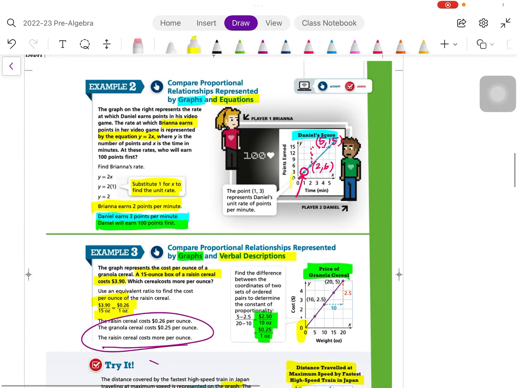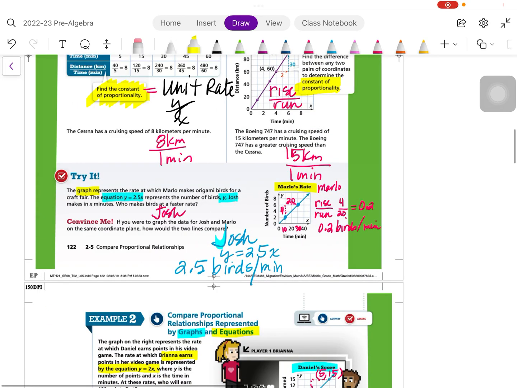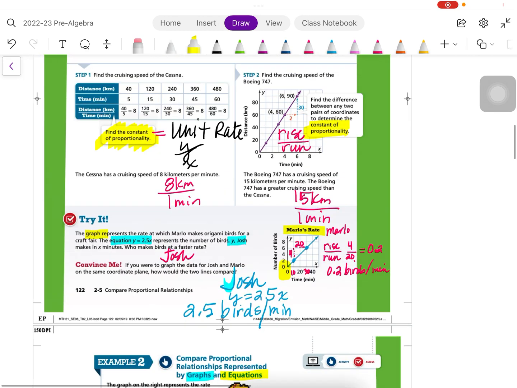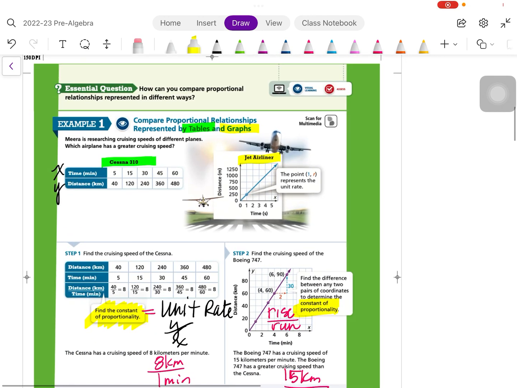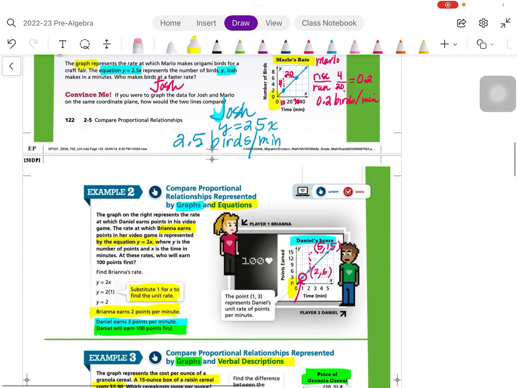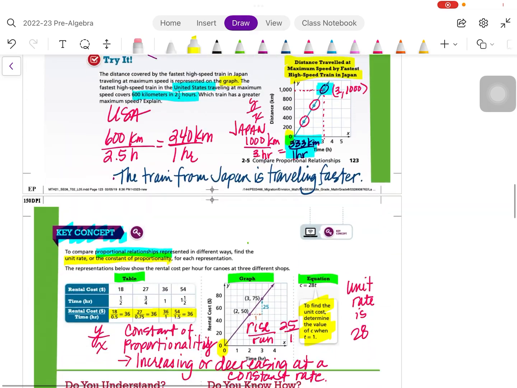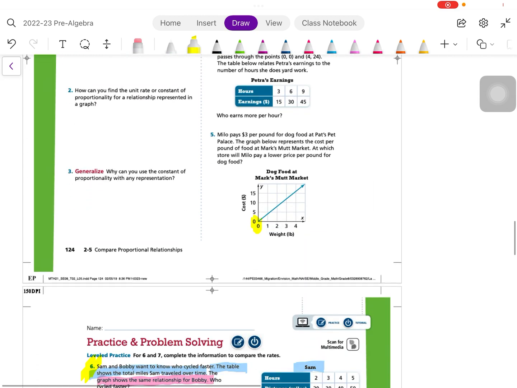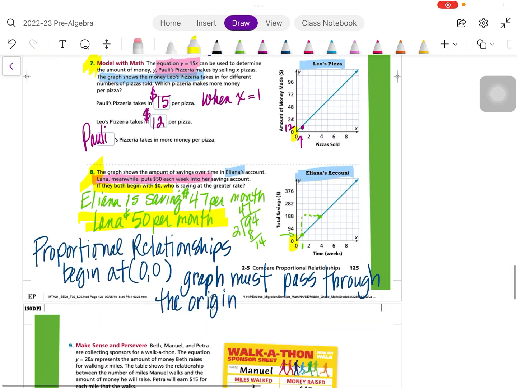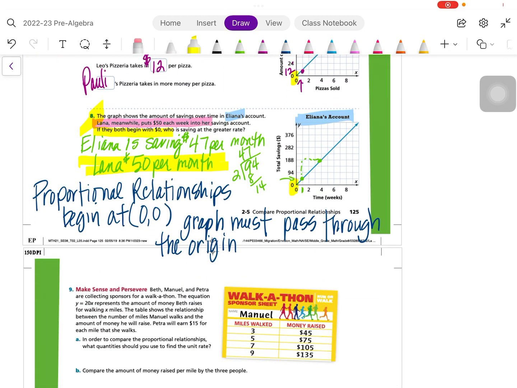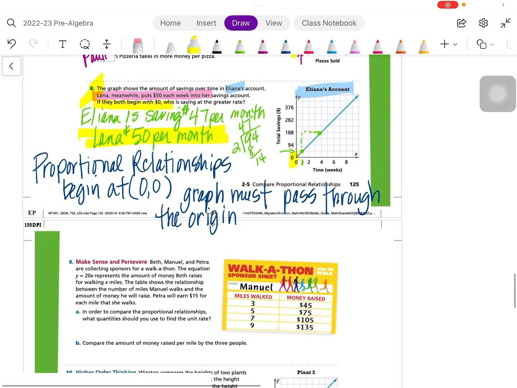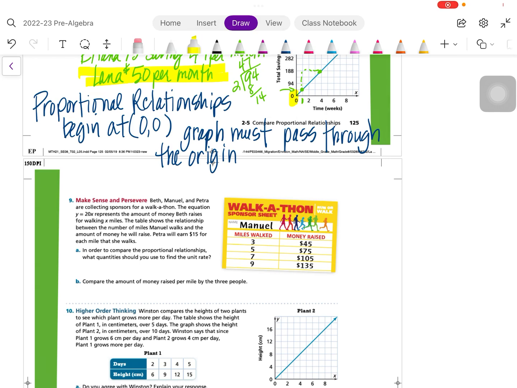This graph intersects at 0, 0. Oh, so does this one. And all the way back up to the very first example in our notes. Every single graph intersects the origin at 0, 0. So, as a reminder, in order to be a proportional relationship, the graph must pass through the origin. Okay, so that's super important to remember.